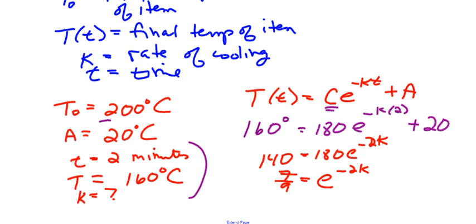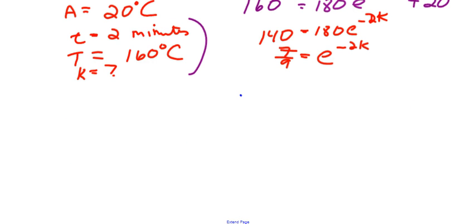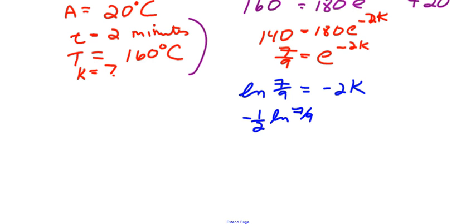And then in this case, I take the natural log of both sides. If I take the natural log of both sides, I get this equation. And then I want to go ahead and divide by the negative 2. And this would be my K.